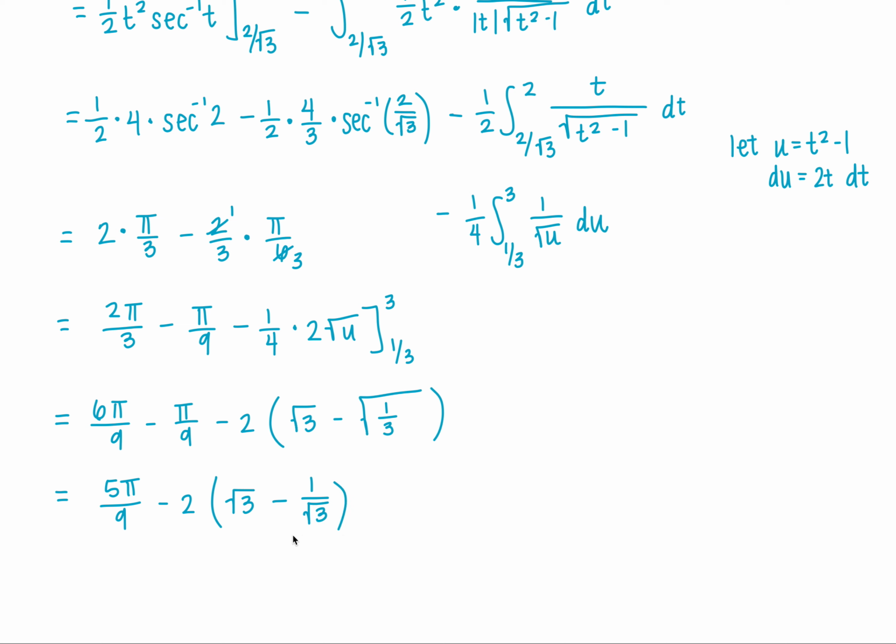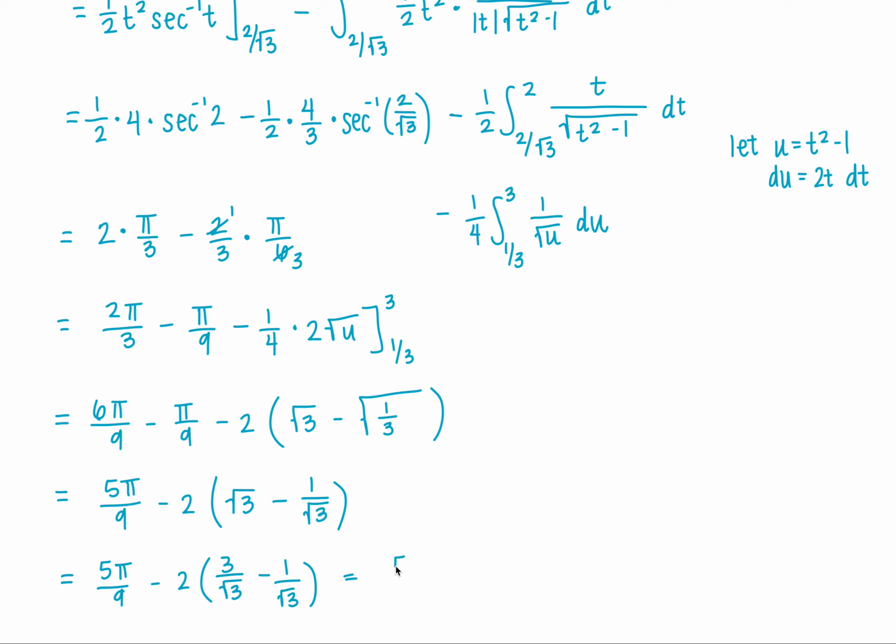And again, I'm going to do some common denominators. So the first fraction, to put that over a square root of 3, we multiply top and bottom by the square root of 3. So we're going to end up with 5 pi over 9 minus 2 times 3 over the square root of 3 minus 1 over the square root of 3.